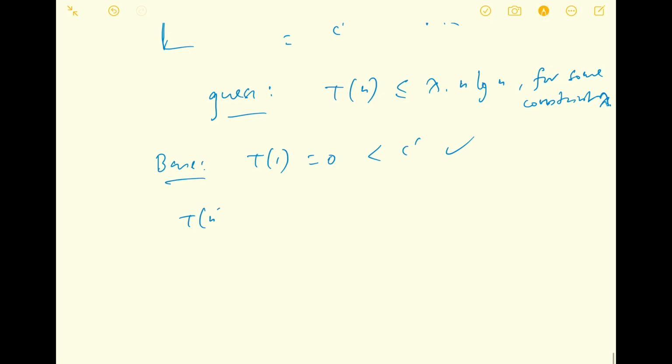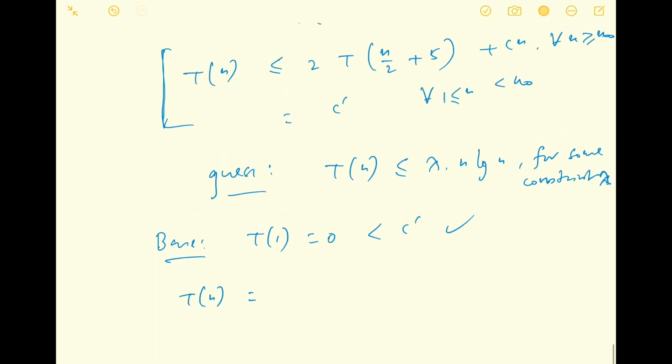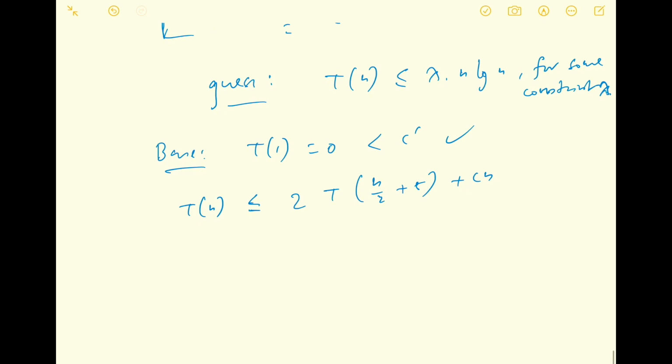So what is T(n)? We are given that T(n) is less than or equal to 2T(n/2 + 5) plus Cn. Now expand using the hypothesis. This is less than or equal to 2 lambda (n/2 + 5) log(n/2 + 5) plus Cn.